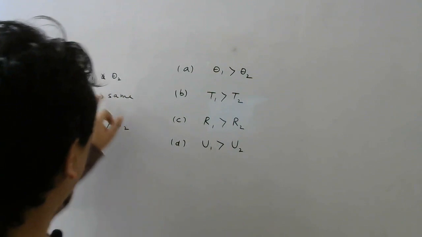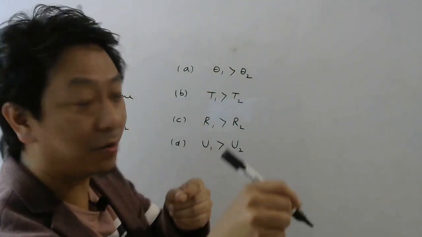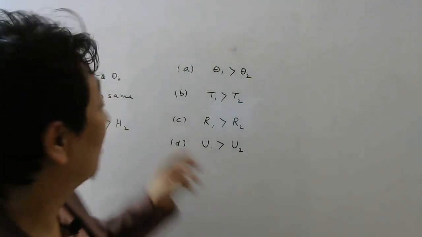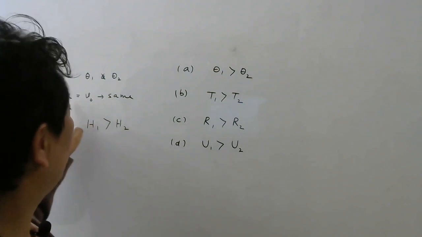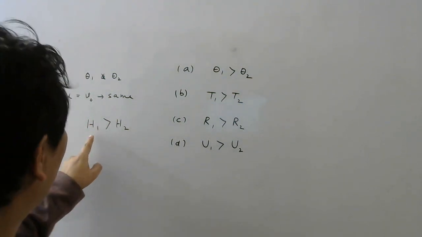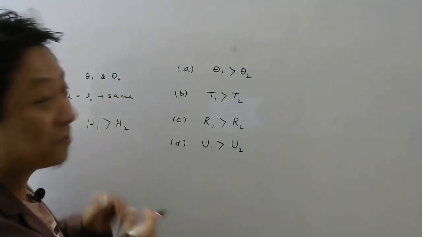The two particles have different angles of projection theta 1 and theta 2, but both have the same initial speed. So v0 is the same, which we wrote before as initial speed u, right? And they also told us the maximum height of the first particle is greater than the second particle.